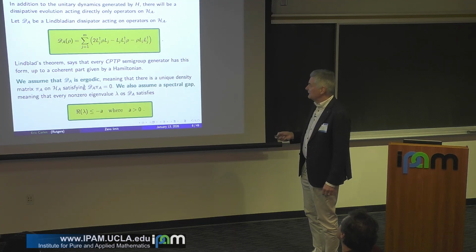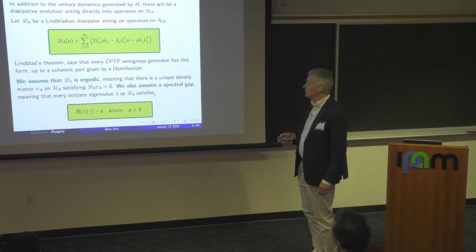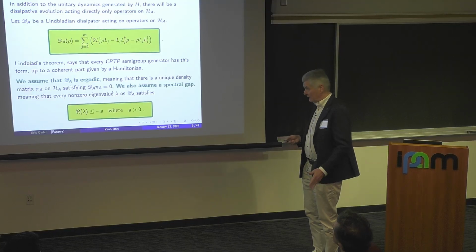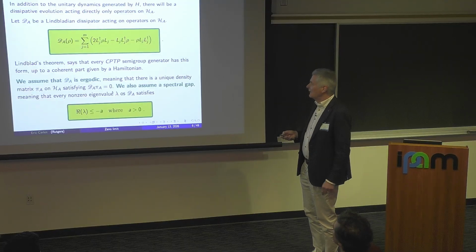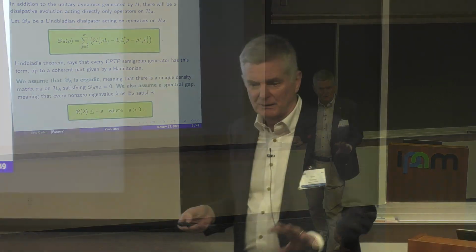We're assuming that the D_A is ergodic, and it also has a spectral gap. So in this finite-dimensional setting, as long as the eigenspace for eigenvalue 0 is one-dimensional, and there are no purely imaginary eigenvalues, nothing periodic going on, then you'll have a spectral gap, and this just means that the real part of all the eigenvalues are less than or equal to minus a for some positive number a.